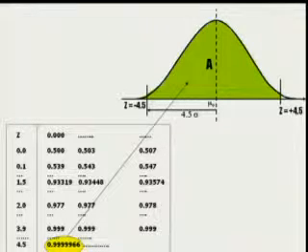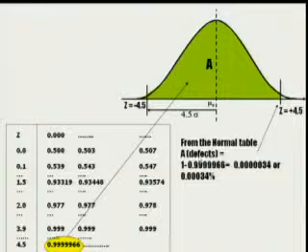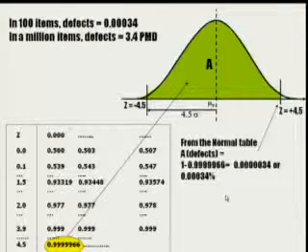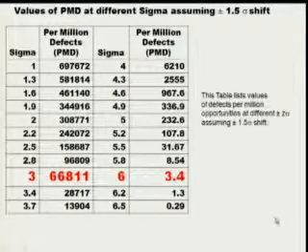But look how large this area is. And what does that mean? If you subtract this from 1, you will have 0.00034%. So in 100 items, you have almost 0 defects. And in 1,000,000 items, you will have 3.4 defects per million. And that is what Six Sigma is all about.